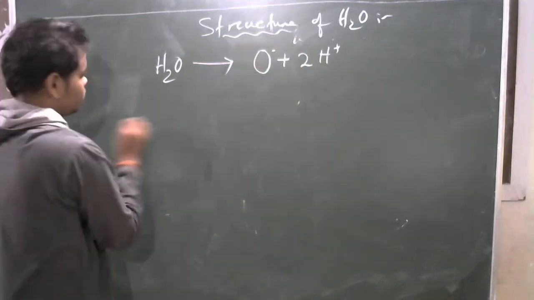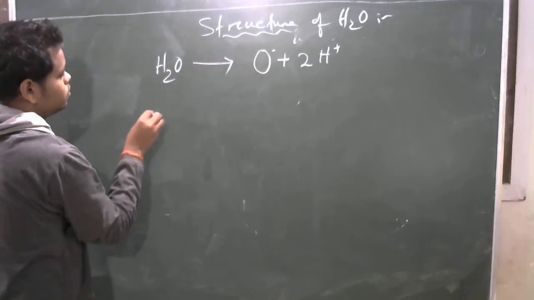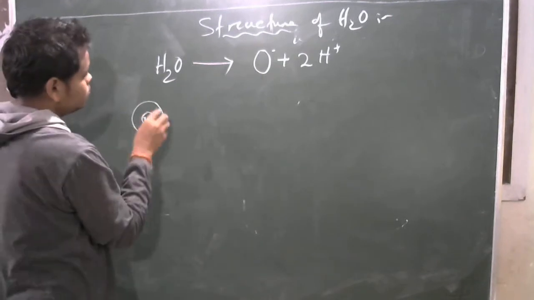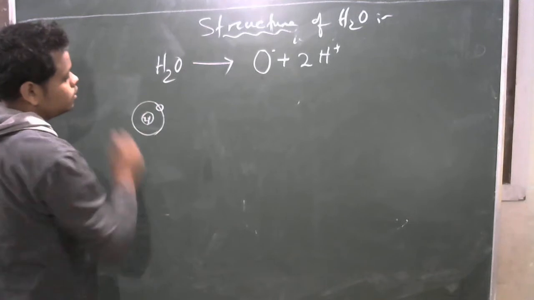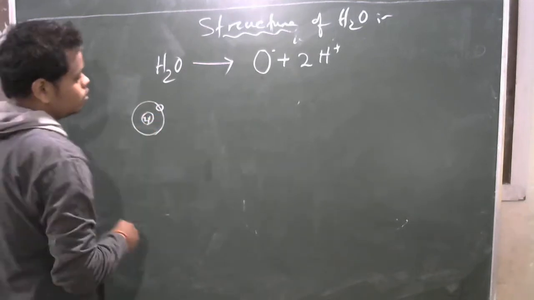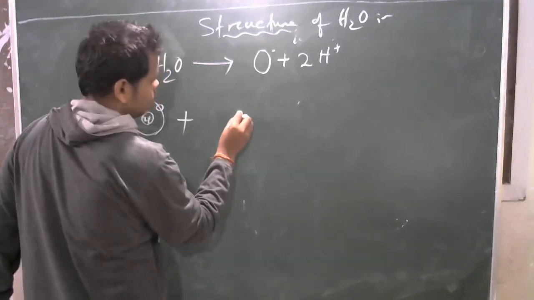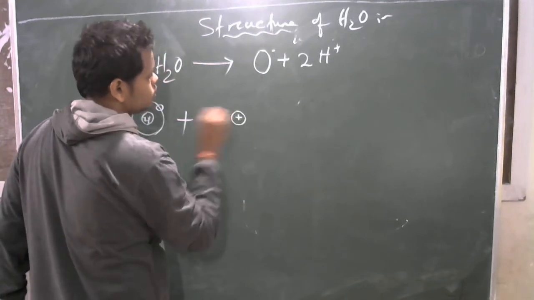Let us see. Suppose this is the hydrogen atom. This is the nucleus of the hydrogen atom and this is the outermost shell. As the atomic number of hydrogen is 1, it consists of one electron. Then when it reacts with oxygen, this is the nucleus of oxygen.